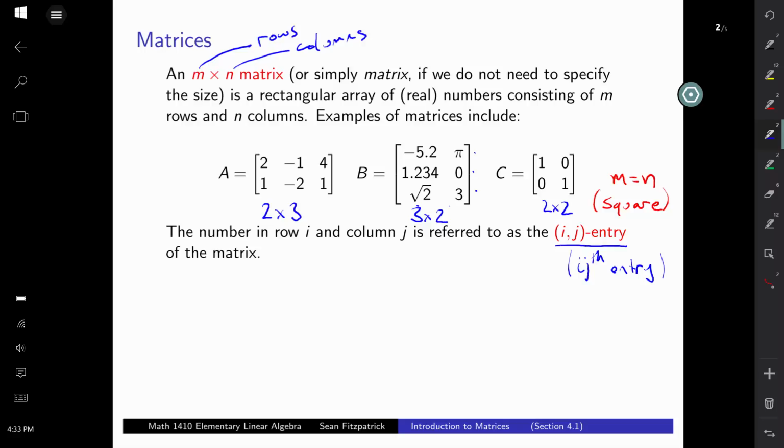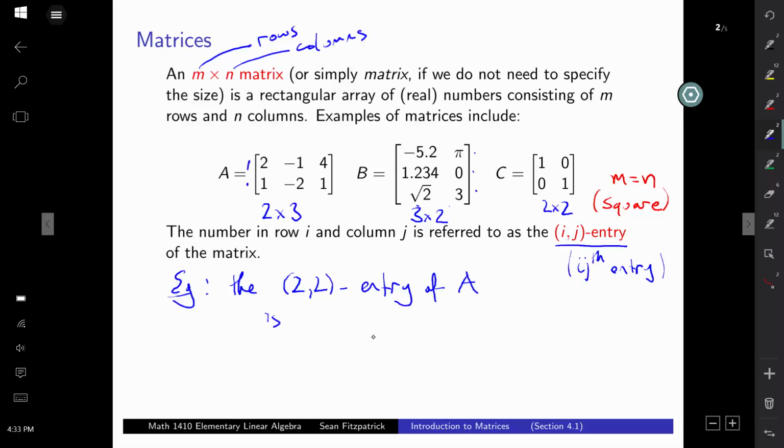So for example, if I wanted to tell you the 2,2 entry of A, well, I would go to row 2, so row 1, row 2, column 1, column 2, column 3. So I go to the second row, second column, I'd see what number is there, and I get a minus 2.